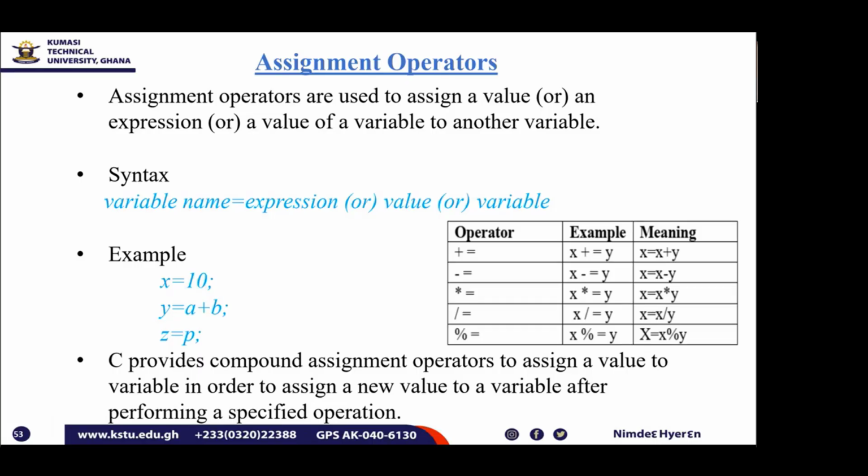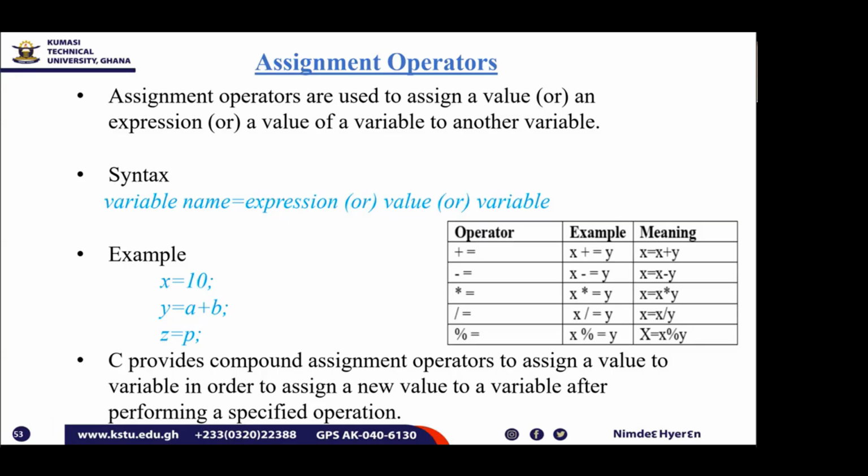And then when we have x minus equals y, that becomes x equals x minus y. Then for multiplication, we have asterisk equals, where x asterisk equals y means that x equals x asterisk y.